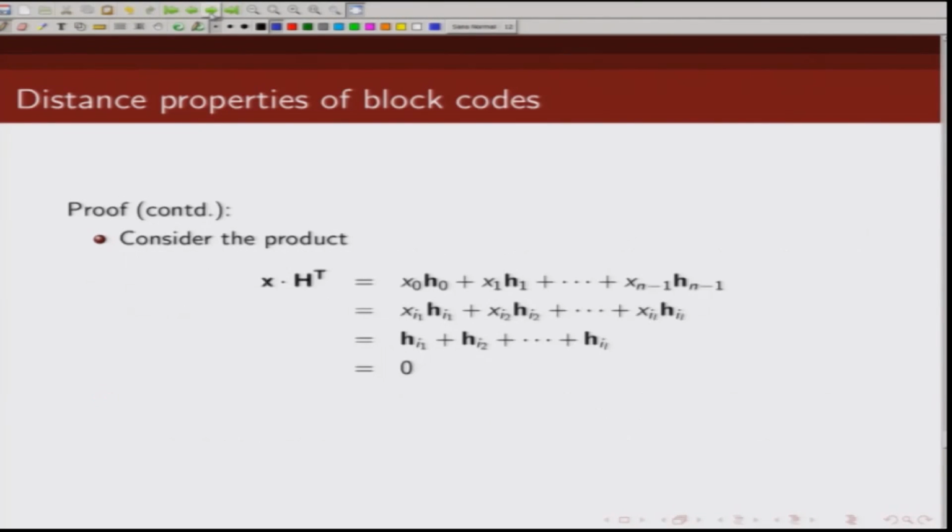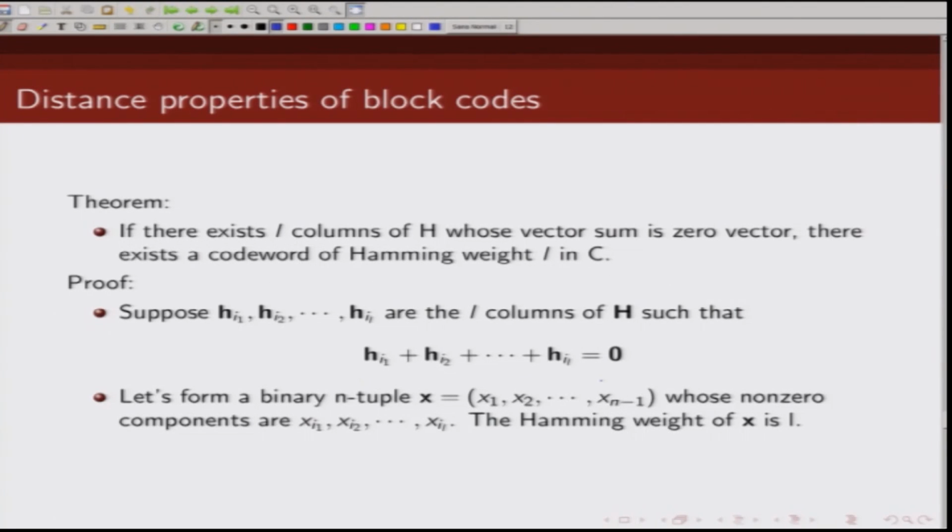If that is the case, then this is equal to 0. So, what we have shown now is x H transpose is 0. Now, if x H transpose is 0, then x has to be a valid code word. So, we have shown that if the vector sum of L columns of parity check matrix H sums up to 0, then there exists a code word of Hamming weight L.